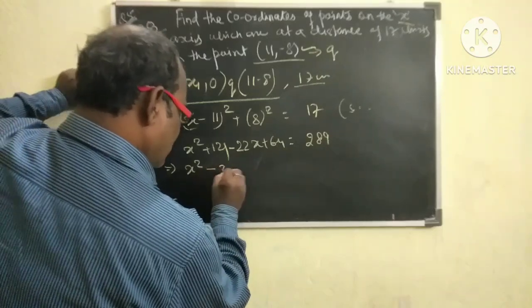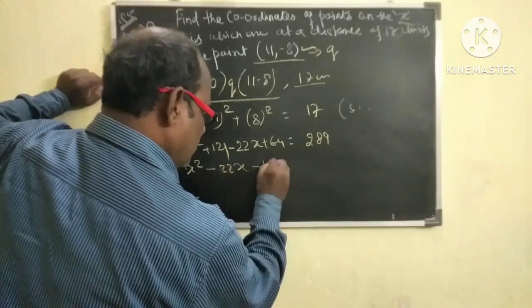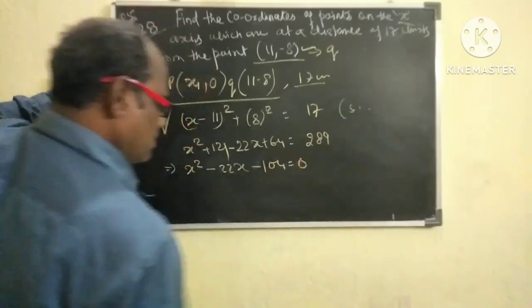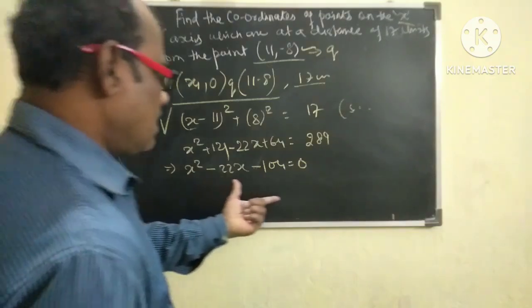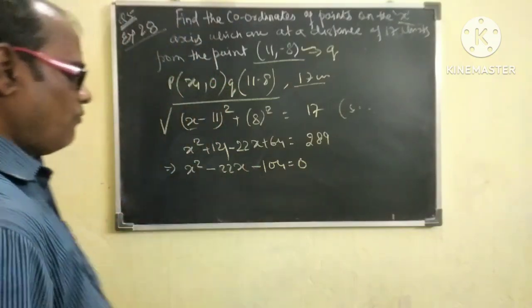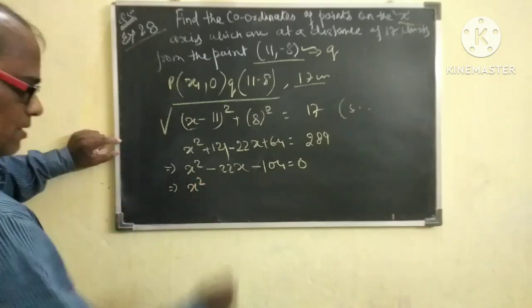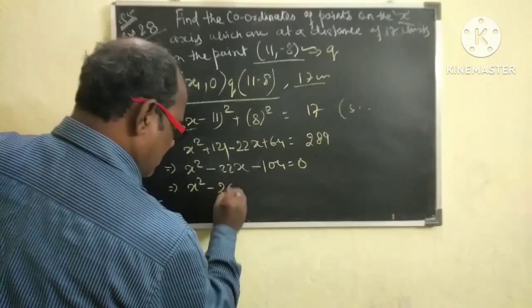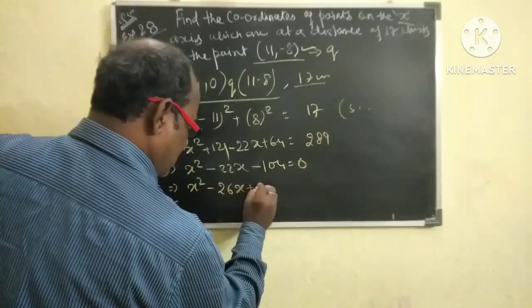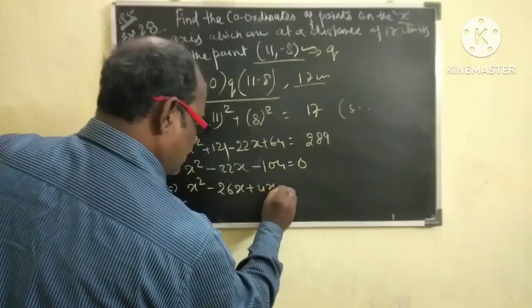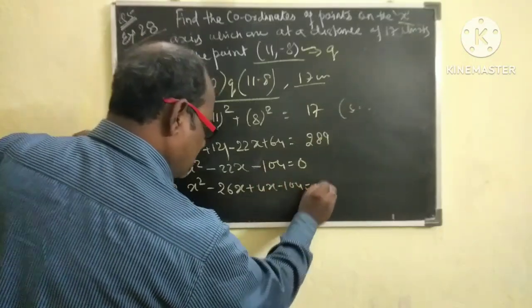So this is x square minus 22x minus 104 equals to 0. So finding out the middle term, the product must be equal to minus 104. So we are getting x square minus 26x plus 4x minus 104 equals to 0.